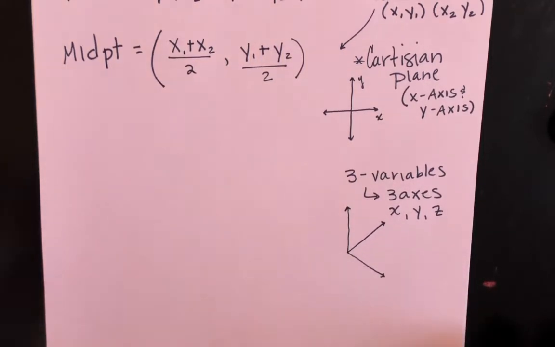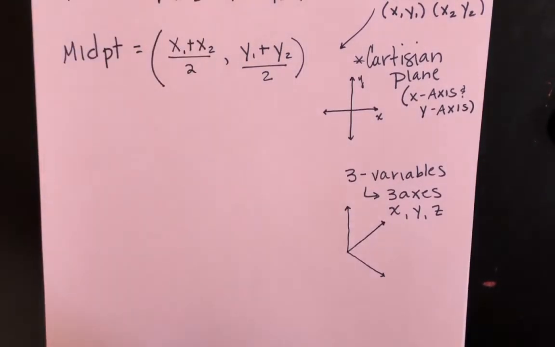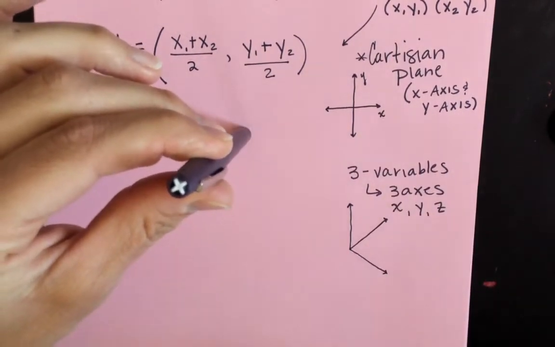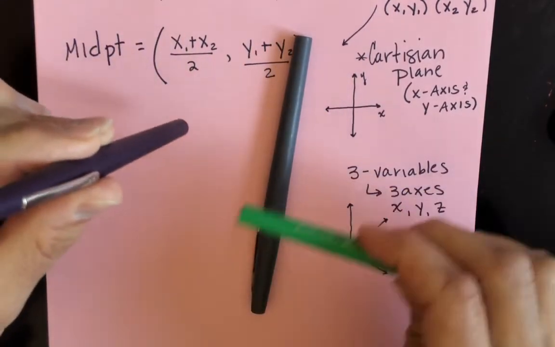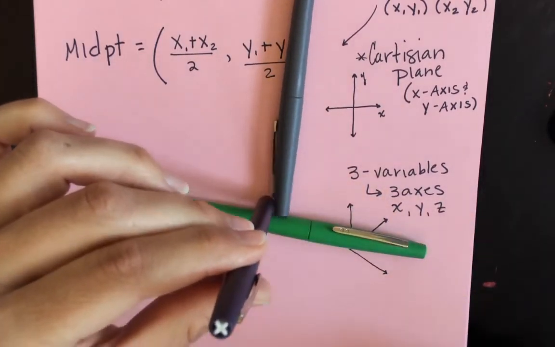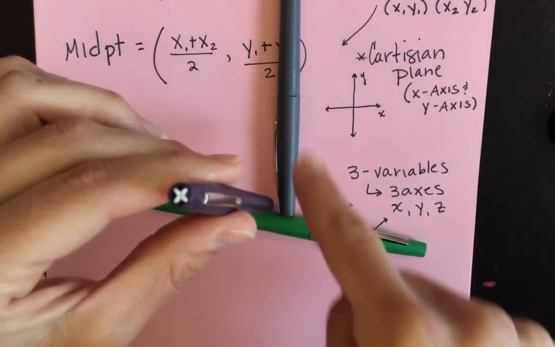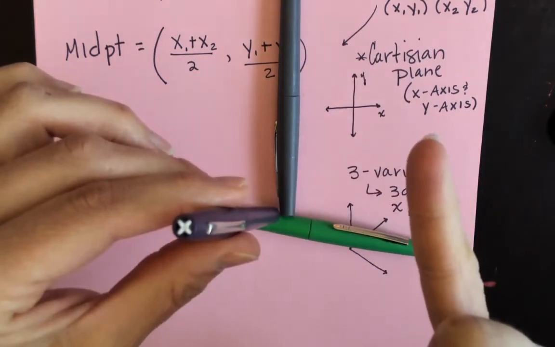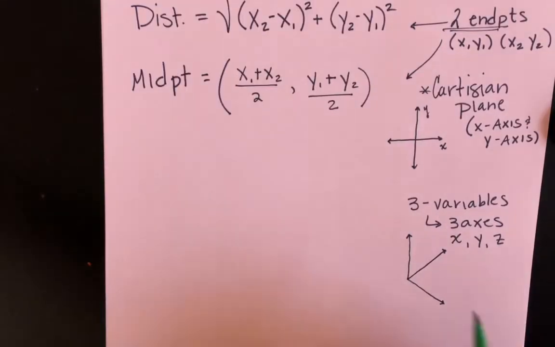I'm trying to think how to show it to you guys over the hover cam. But you'd have a plane going horizontally, you'd have a plane going vertically, and now we have this third plane standing straight up, and we have a point floating out here. So it's horizontal, vertical, and then it gives it height up here. So remember from first semester, that's what we were talking about, this random point that would have our x, y, and z coordinate.